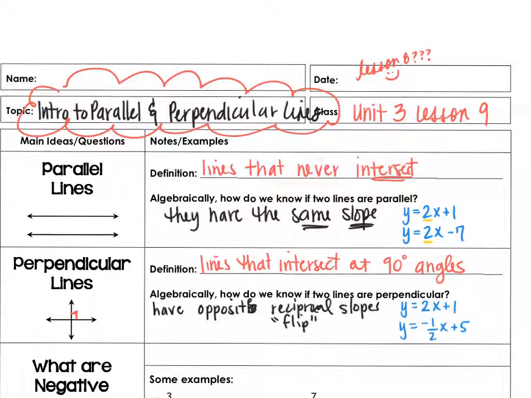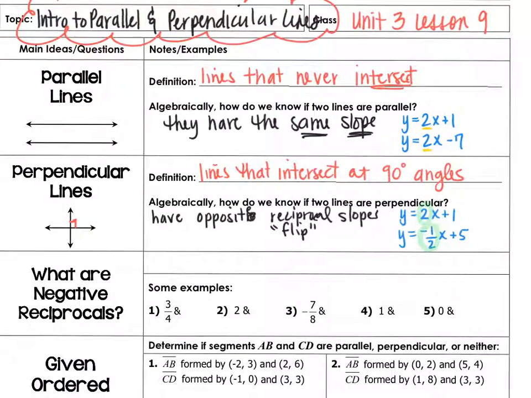So these are two different lines, but they are perpendicular because their slopes are opposite reciprocals. So different sign and reciprocated. So let's take a look and practice what opposite reciprocals, or negative reciprocals, are.